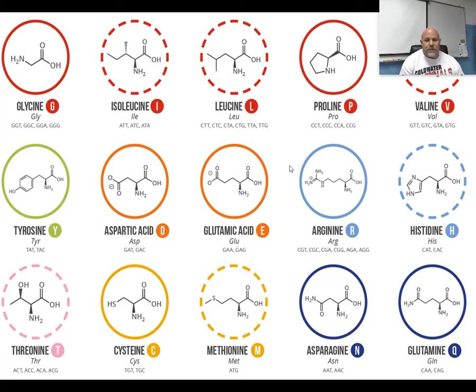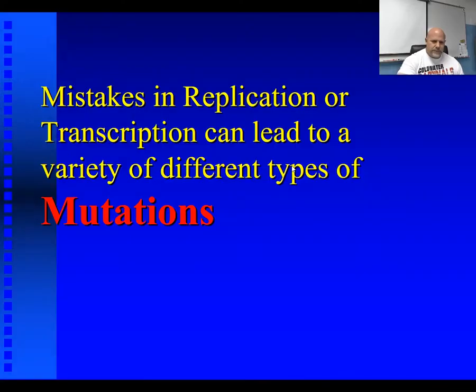Well, the shape of a protein is critical to its function. And so if you change the shape of a protein, you're going to mess up the active site of an enzyme, for example, and then it's no longer going to speed up a reaction that it's supposed to speed up. So what do we call these mistakes? They're called mutations.